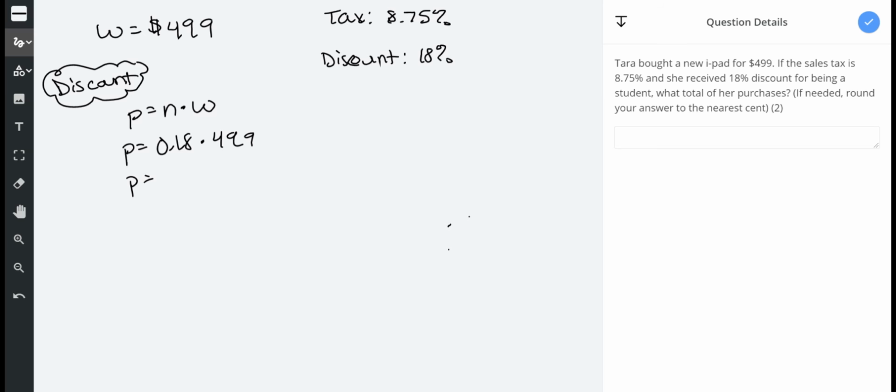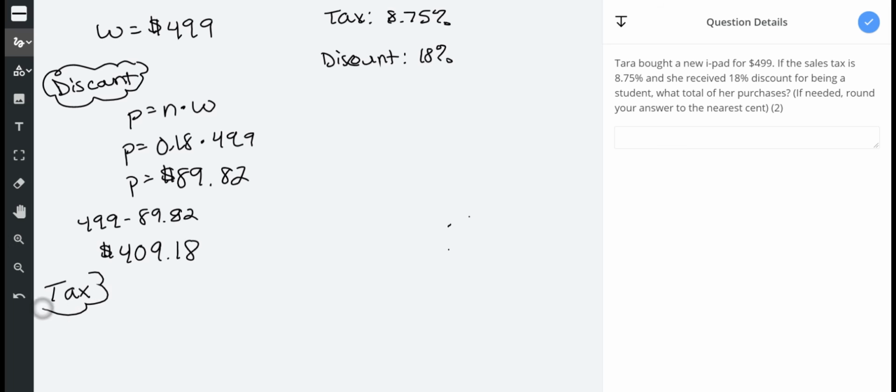So you take 0.18 times 499 gives you $89.82. So I'm going to take $499 and I'm going to take off $89.82. My new total is $409.18.